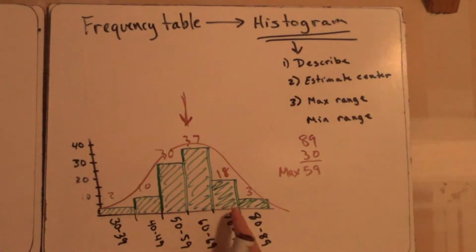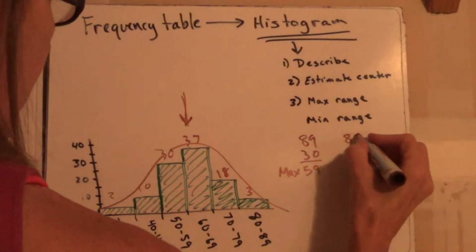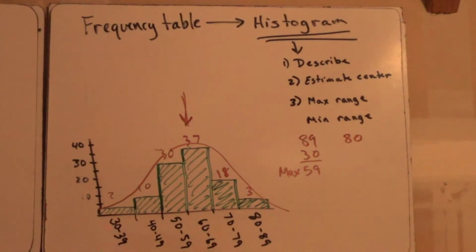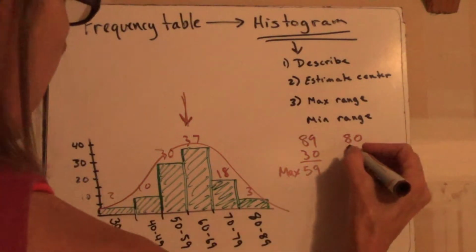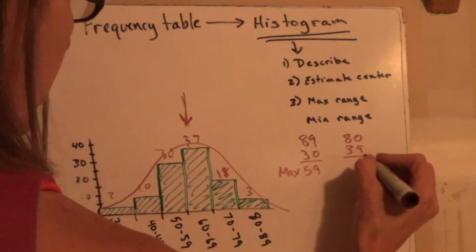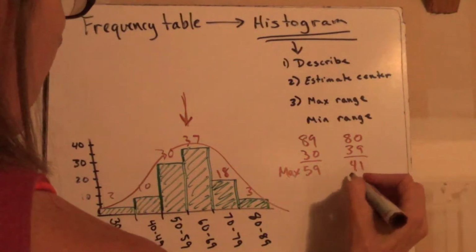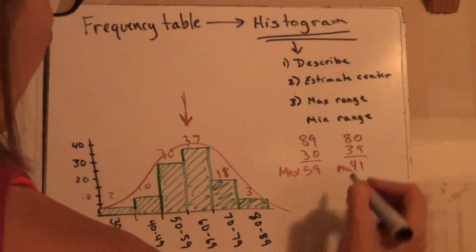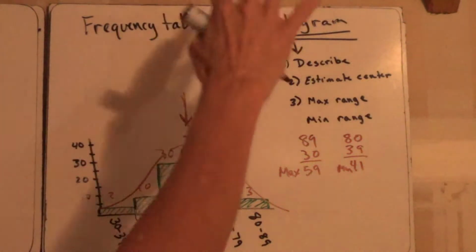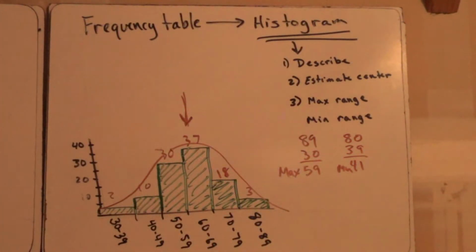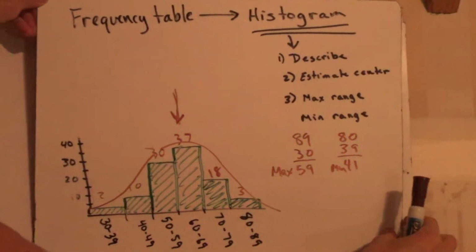Your minimum range would be if your 3 senators were all 80 years old, so your greatest value is 80, and your 2 senators here were at 39, then your minimum would be 41. It's important to be able to give all that in a paragraph discussing a histogram on, for example, an end of course exam.